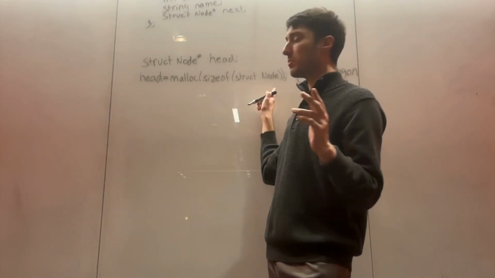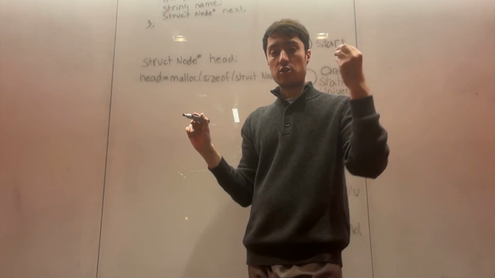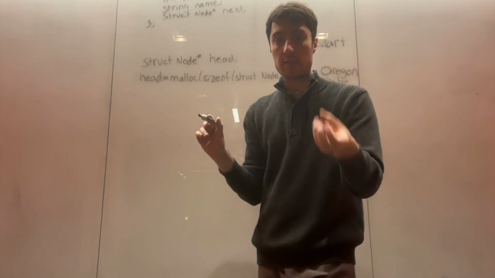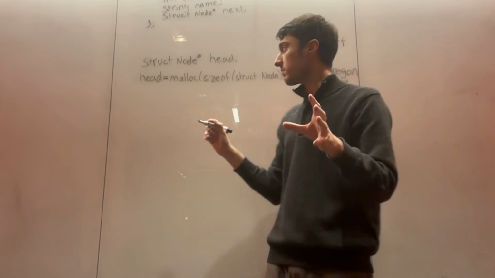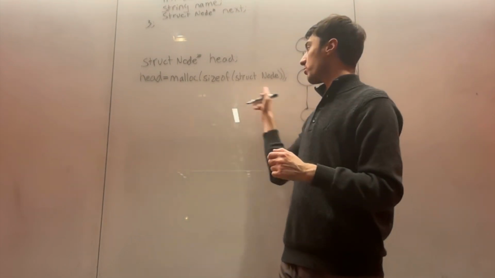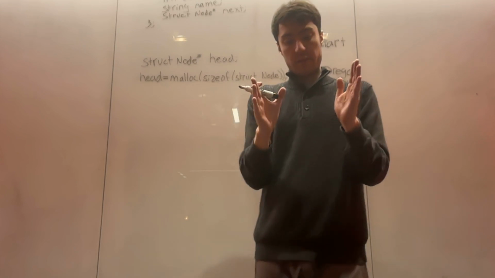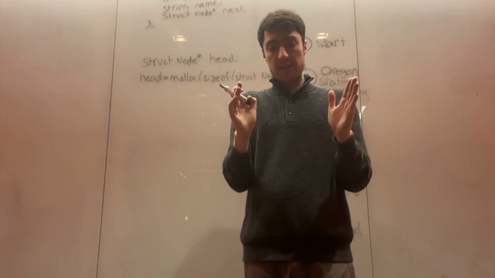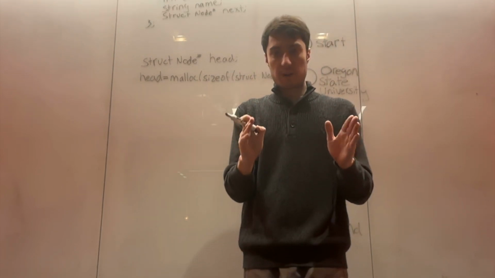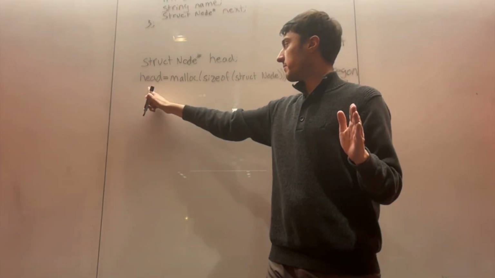It's going to find this much memory and then return the address which it stored that memory at, okay? So, bam. So what we just did is we created a node. We allocated enough memory for that node variable, right?